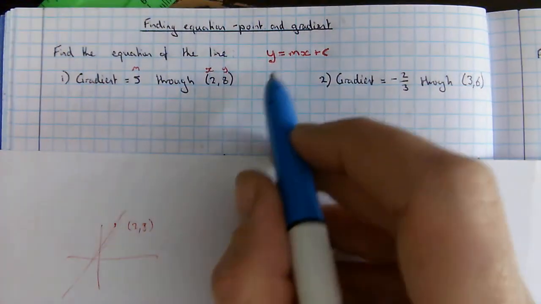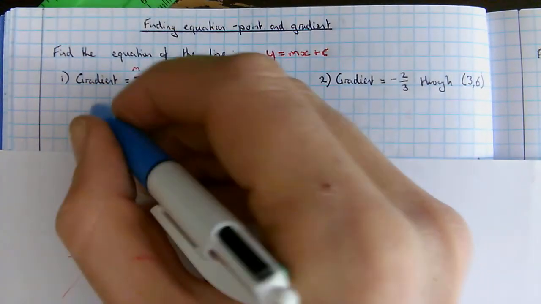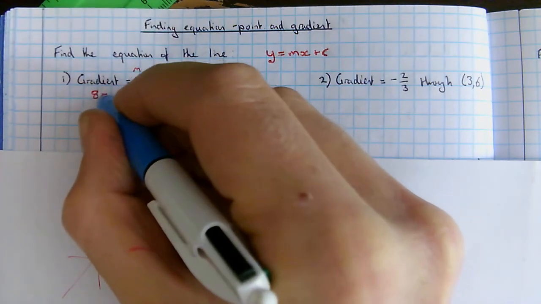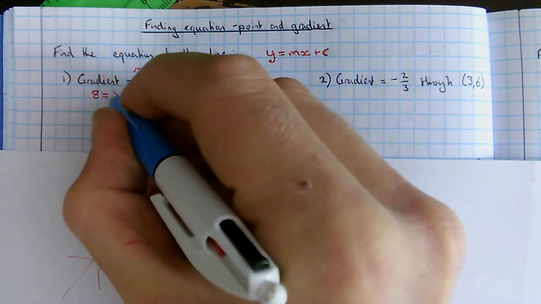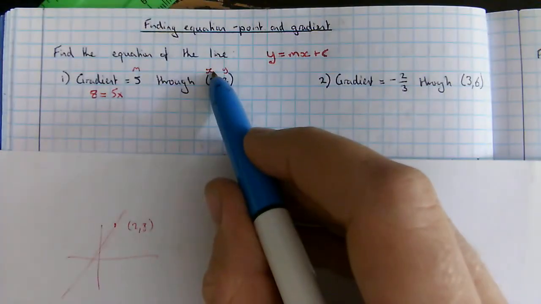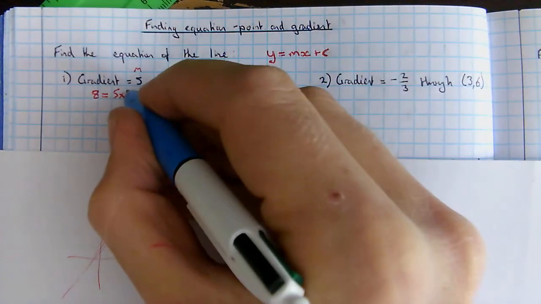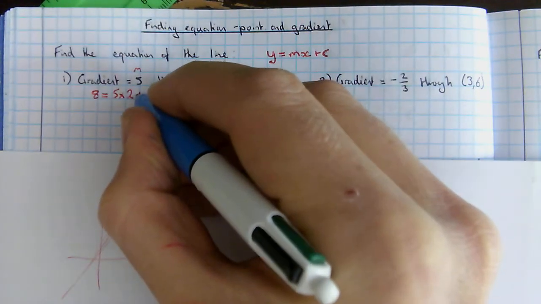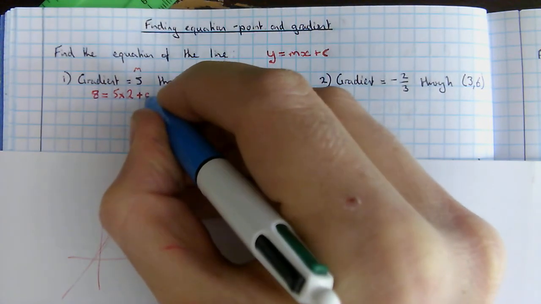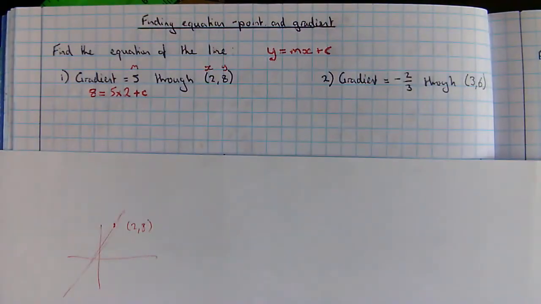So, y we know is 8. M we know is 5. X we know is 2. So 8 equals 5 times 2 plus c. C is the bit we don't know. And we can use this information to work out what c is.